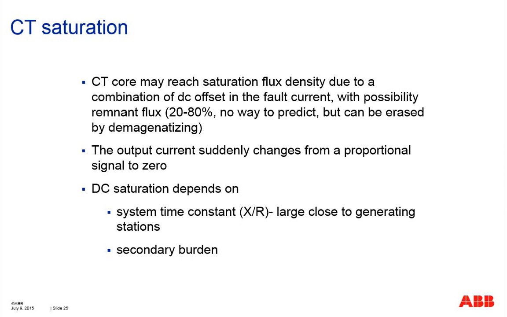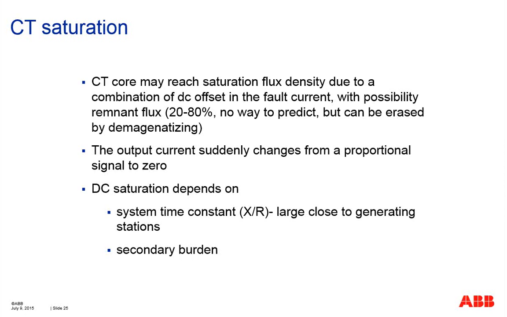So basically, because the CT saturates, the output current suddenly changes from a proportional signal to zero. In the very extreme case, for a completely saturated CT, you don't measure any secondary current. Your relay input does not measure any current for a short amount of time. Fully saturated, all the current goes through the excitation branch. Typically, when we calculate protection differential settings, we also estimate with not only symmetric currents but DC saturation, based on the X over R ratio.